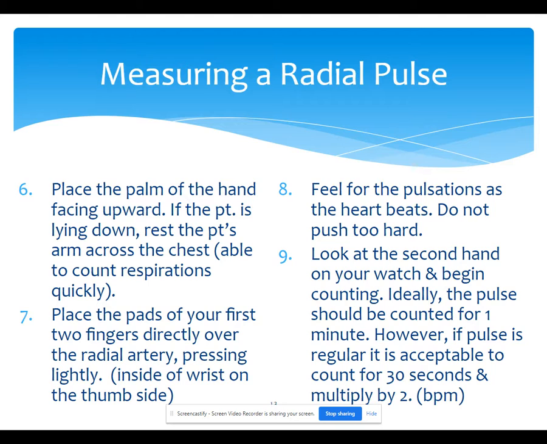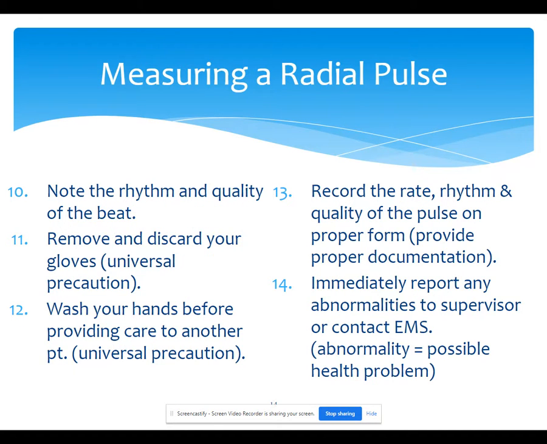You're going to find the pulse, then count for 30 seconds and multiply by 2, or some practitioners count for 10 seconds and multiply by 6. It depends on how long you want to hold it, but it's beats per minute, so whatever it is, it has to equal 60 seconds. When you're done, note the rhythm and quality.